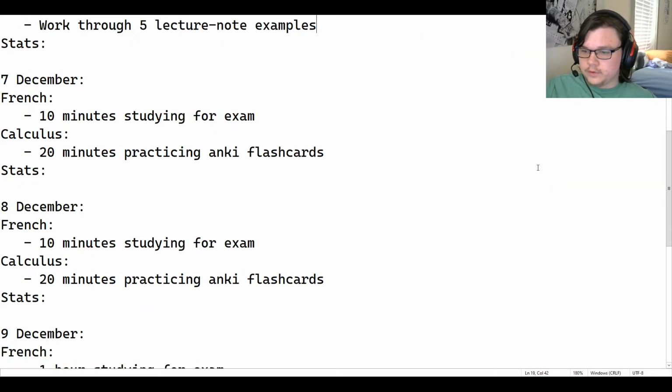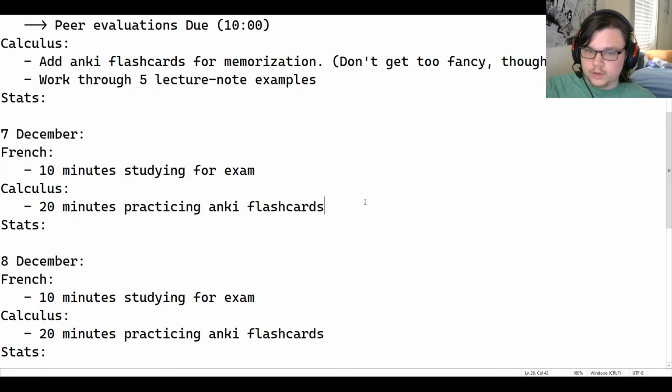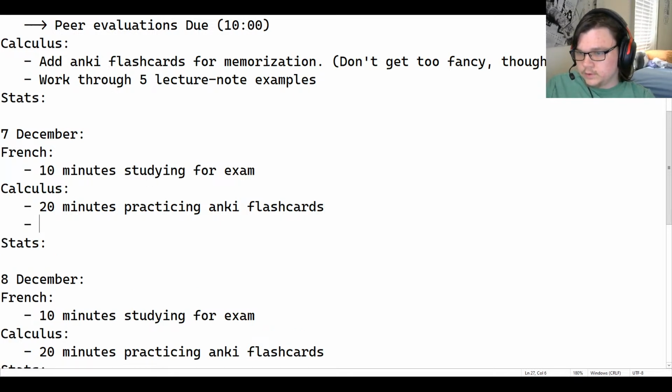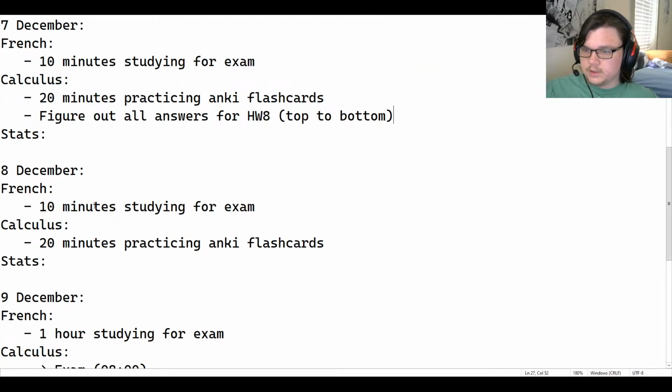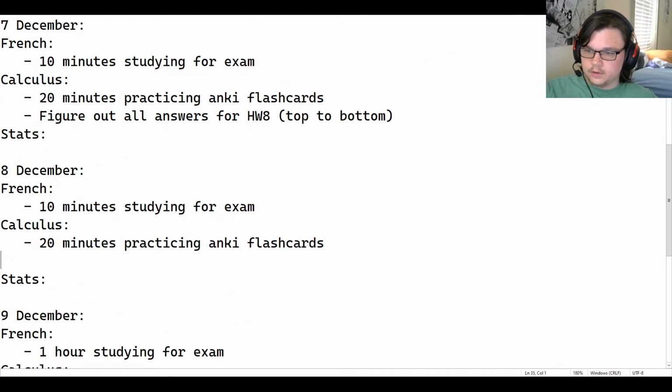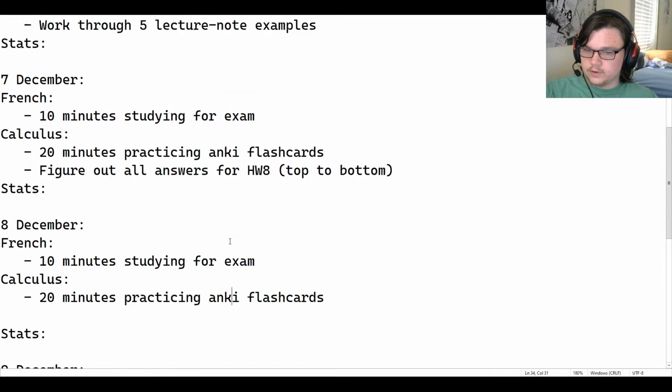Okay, and then for the 7th, 20 minutes practicing those. I want to spend time to figure out all answers for homework 8, top to bottom. I want to be very careful. I think that would be good. I think 20 minutes practicing the Anki flashcards.